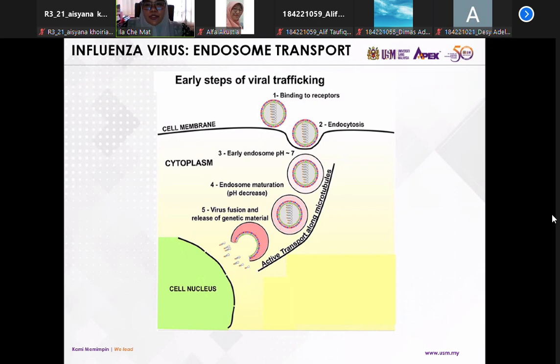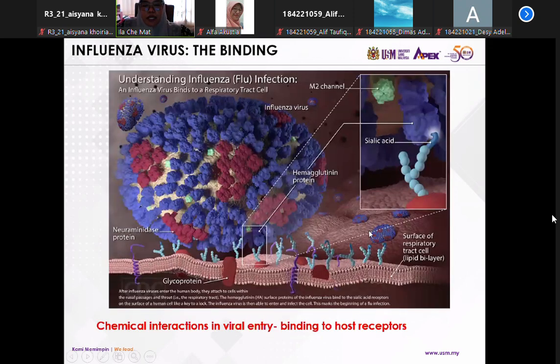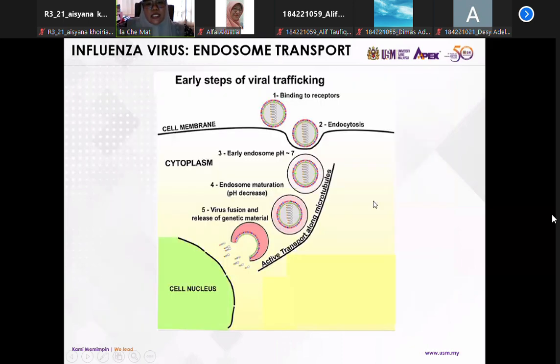The first part here, the receptor binding, can also be a target at the chemistry level: how to interrupt the binding between the spike protein and the sialic acid. And this one is how the pH level can disrupt the virus from releasing the genetic material, so that it can stop the virus from using the host machinery and proceeding with replication, transcription, and translation.